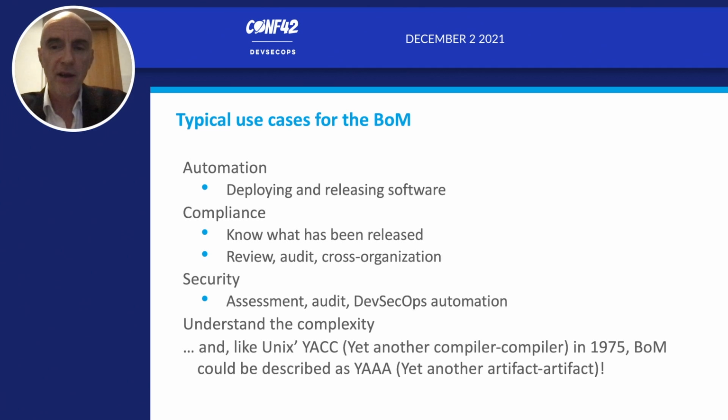So just like in 75, Unix introduced YACC, which is yet another compiler, for those who know that feature of Unix. I would say that the bill of material could be yet another artifact, because it's a meta artifact describing other artifacts.